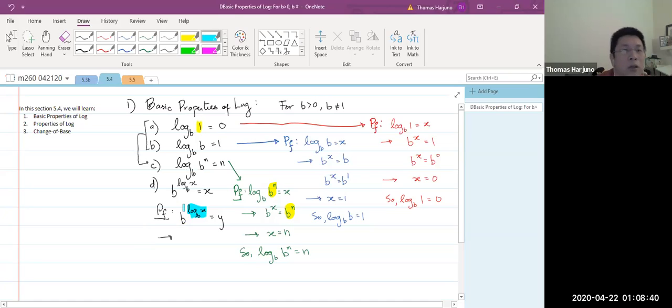If I write it in logarithmic form, it will be log base b of y equals log base b of x.